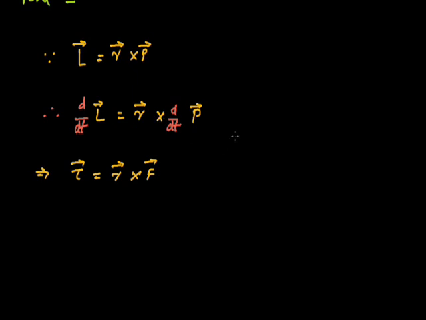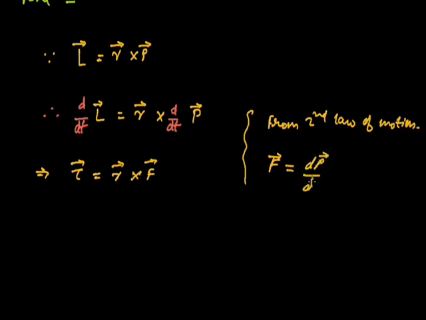Because we know from the second law of motion, F is given by dp by dt.